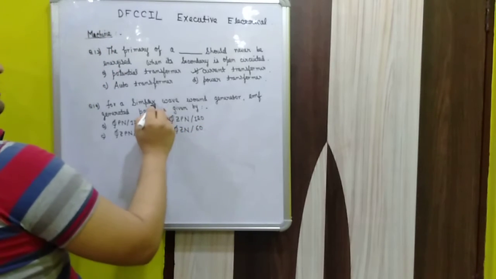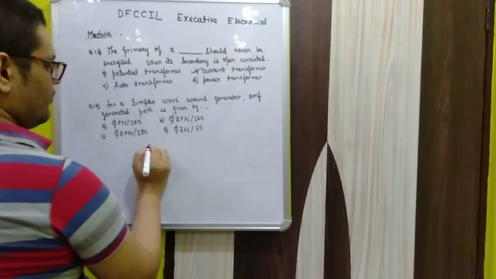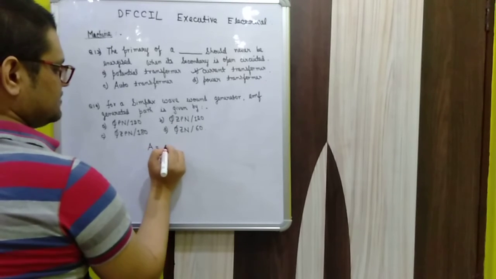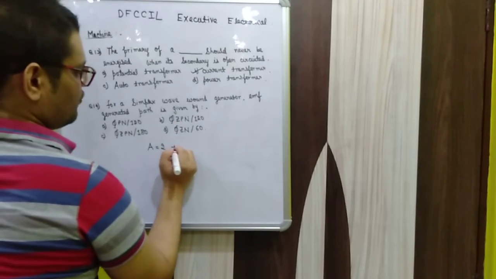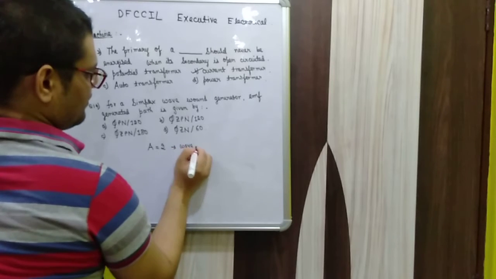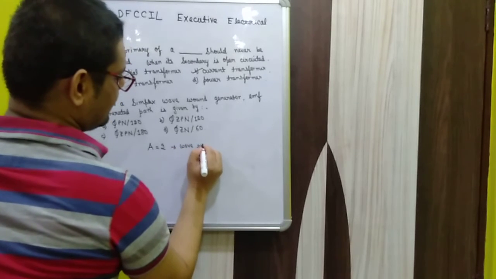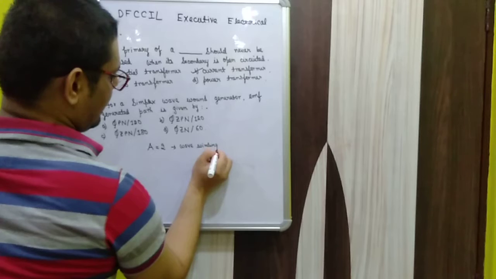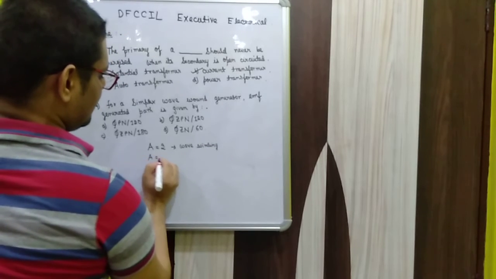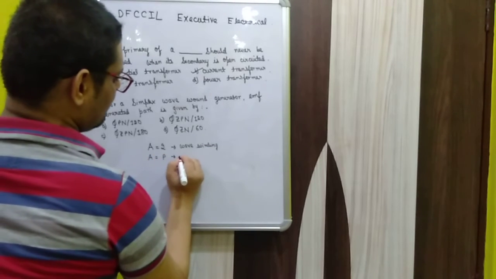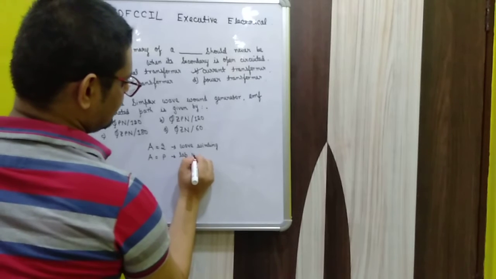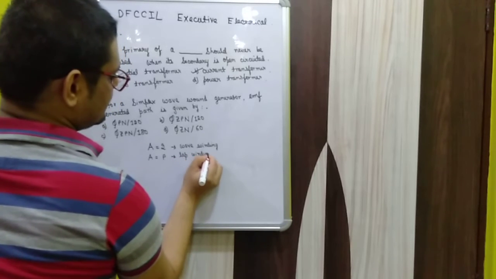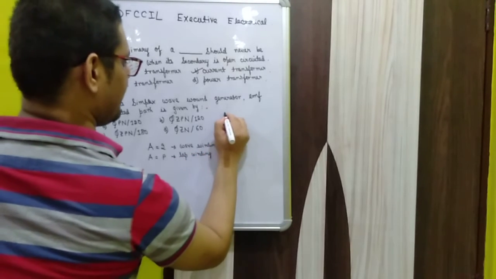So it is given the wave-wound generator. For wave winding, the number of armature paths will be equal to 2, and for lap winding the number of armature paths will be equal to the number of poles. Just now we go back to the back EMF equation.